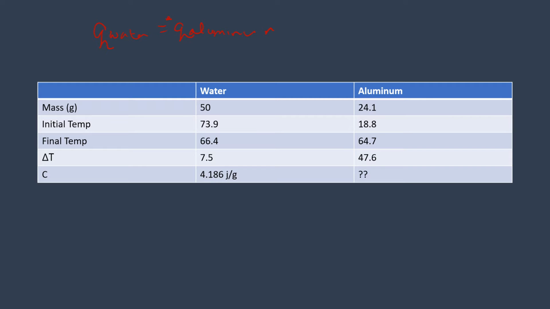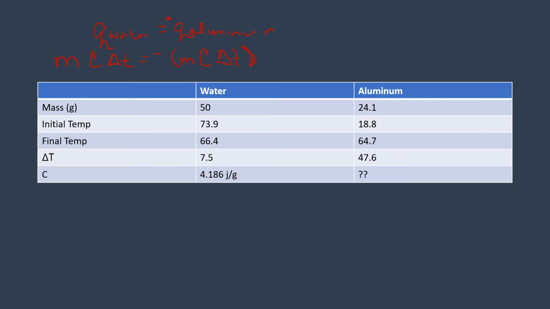Which means mass times the specific heat times the delta T is equal to the opposite of the mass times the C times the delta T. Which means on our aluminum, because its temperature is going to decrease, it has a negative delta T, those two negatives cancel out. So I tend to just drop my worrying about that right now.